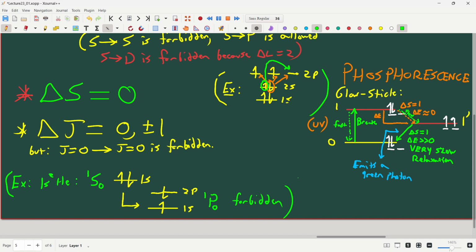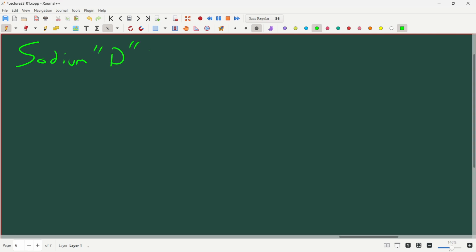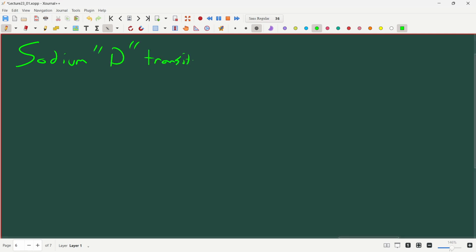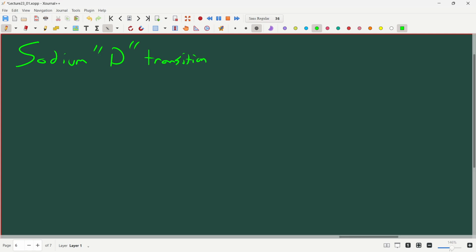Another example of a forbidden transition. So let's just look at one more example. I've got 5 minutes, so let me just do one more classic example. I want to talk about my favorite transition in all of atoms, the sodium D transition. This is the transition of sodium that gives lights on highways that characteristic yellow-brown color.